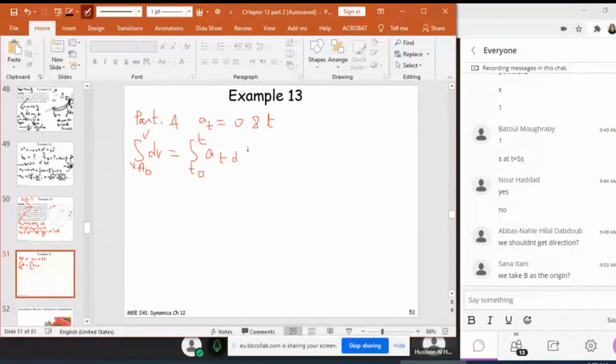So if you do the integration, this means that V minus VA0, which is 8, is equal to the integration of this value, which is 0.8t squared over 2, all right? Which means, guys, that VA is equal to 0.8t squared over 2 plus 8.